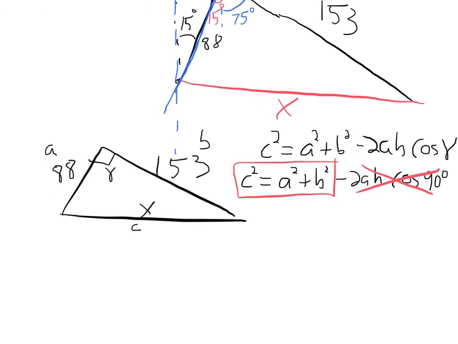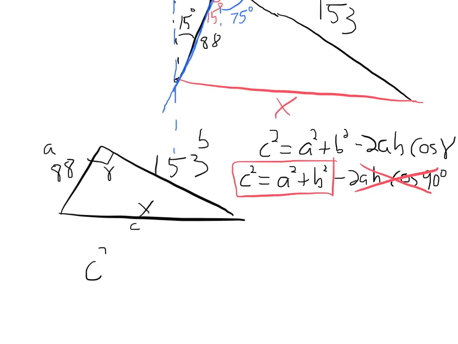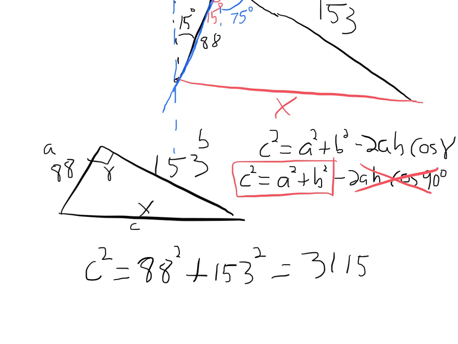So let's work out our little Pythagorean theorem now. C squared equals 88 squared plus 153 squared. That is 31,153. And square rooting this gives us our answer, 176.5.